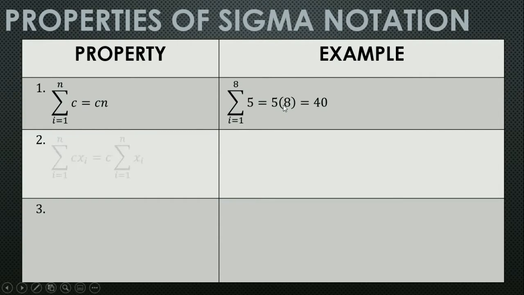Take note of that. The second property is the summation of c times x sub I from 1 to n is equal to c times the summation of x sub I from 1 to n. So meaning, kapag nakita mo na mayroon yung ating summand, mayroon siyang numerical coefficient, pwede natin tong ilabas, pwede natin tong i-rewrite doon sa part before the summation symbol.